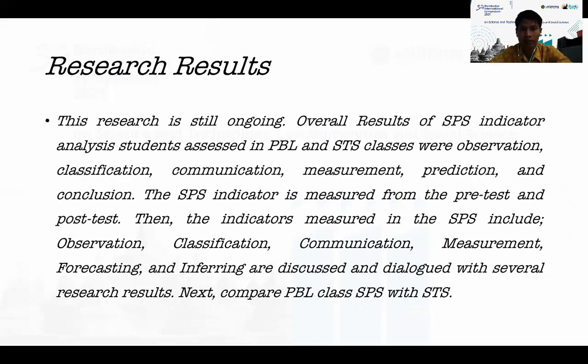Then the indicators measured in the SPS include observation, classification, communication, measurement, forecasting, and inferring, and the discussion and dialogue with several research results. Next, compare the PBL class SPS with the STS class SPS. Compare the problem-based learning class science process skills with the society technique system.